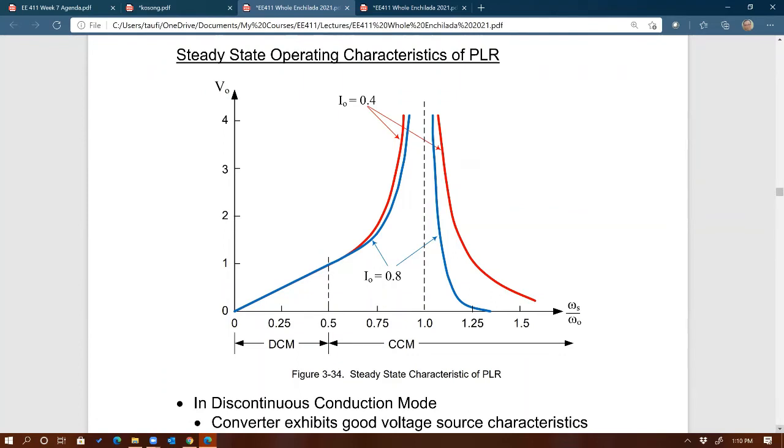So if for whatever reason the load is shorted, instead of pulling very large current into the load, it will actually limit the current, right? It has an inherent short circuit protection if you are using SLR, the previous converter, in discontinuous conduction mode, right? You don't need a protection device at all to protect the load from a short circuit condition. The converter inherently will protect that.